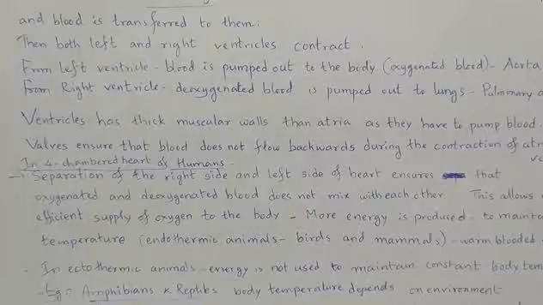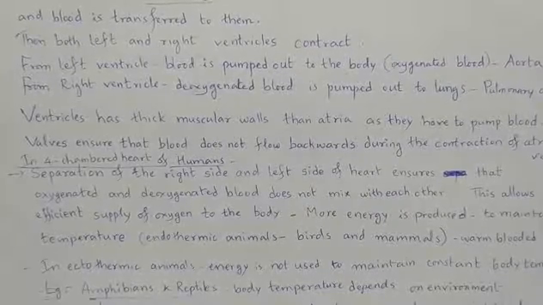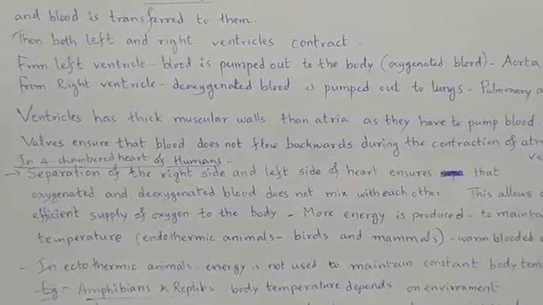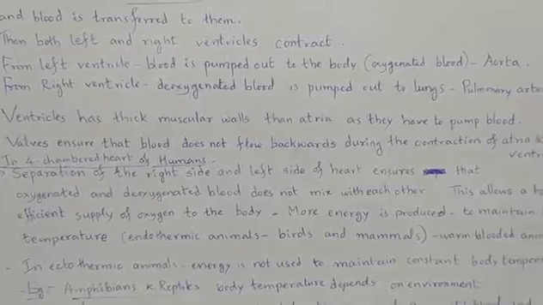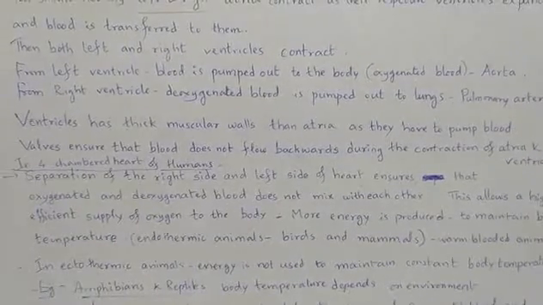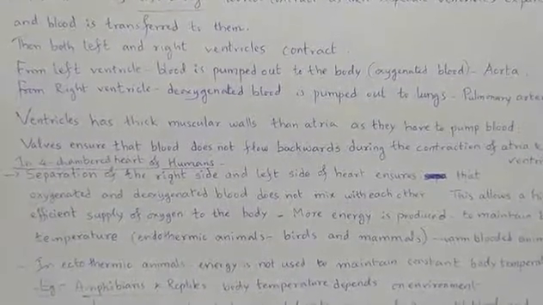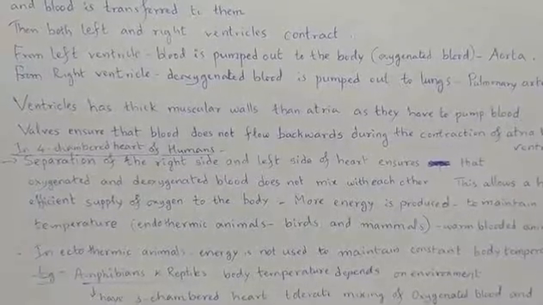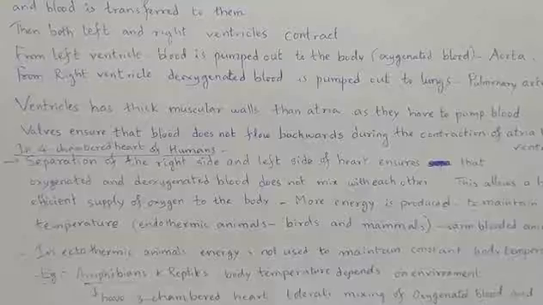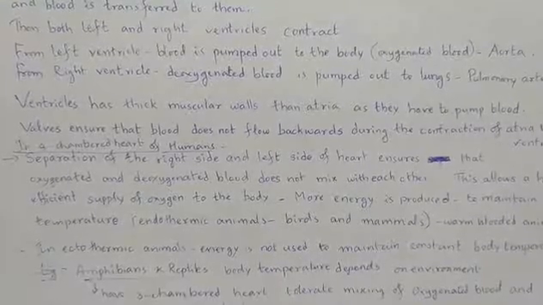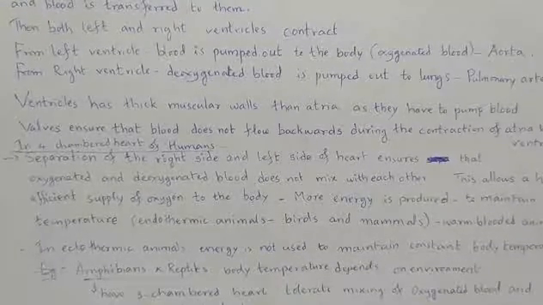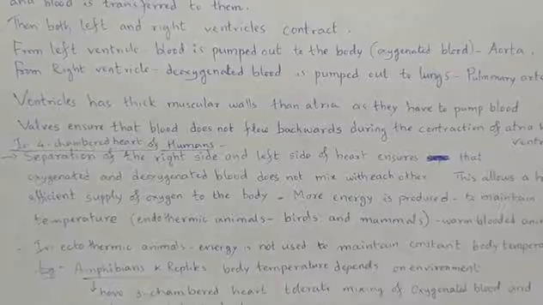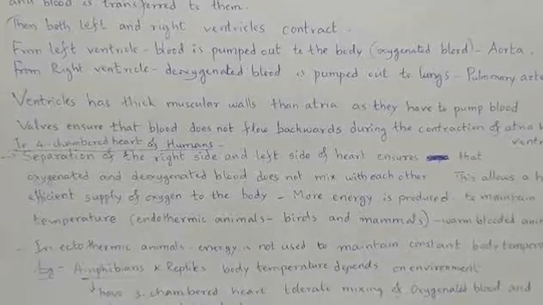And from the right ventricle, the deoxygenated blood is pumped out to the lungs through the pulmonary artery. Ventricles have thicker muscular walls than atria because they have to pump blood. If they have thin walls, they cannot pump the blood.